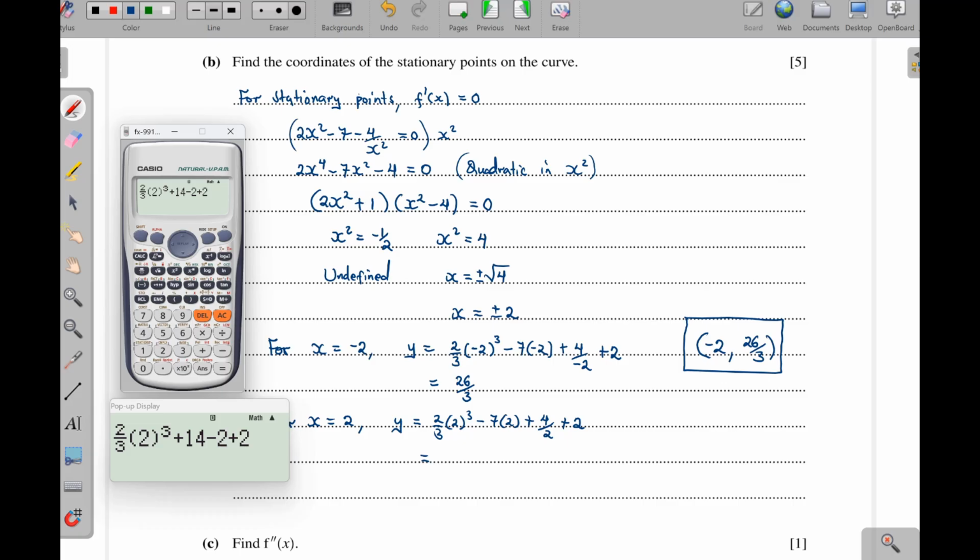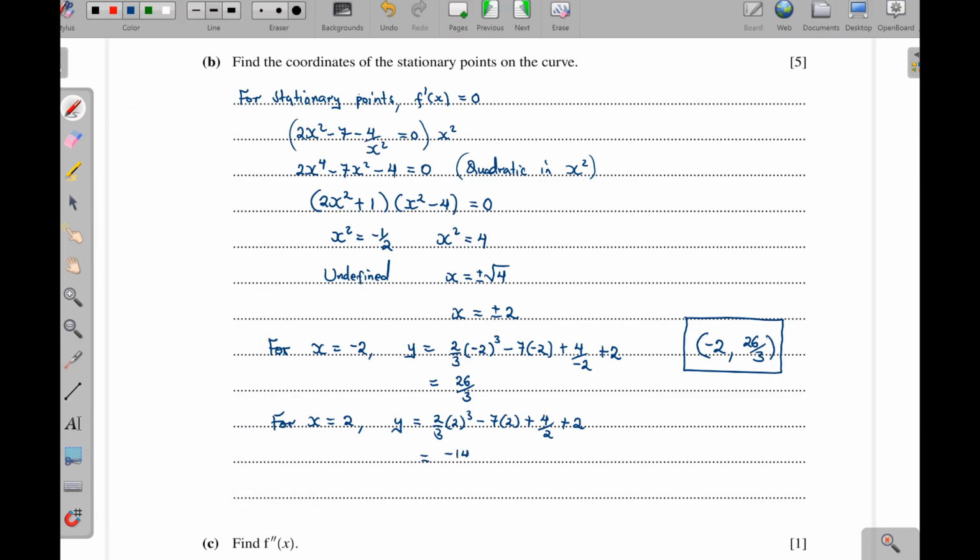Okay, but then here we have -7 times 2, so this one will be a minus, and then this one of course will be a plus. So 4 over 2 is a +2, then plus the 2. That one will be -14 over 3. That means the coordinates of the other stationary point will be 2 and then -14 out of 3.